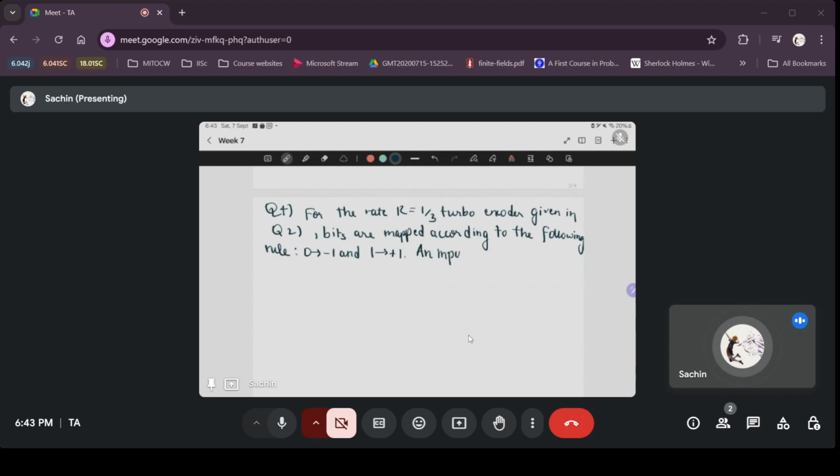An input sequence of 4 bits is encoded and transmitted over an AWGN channel.